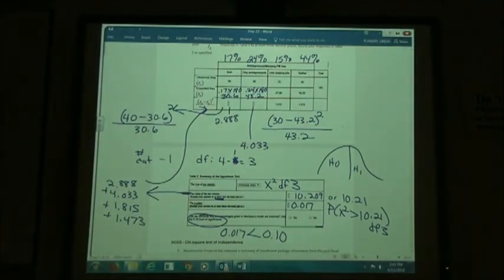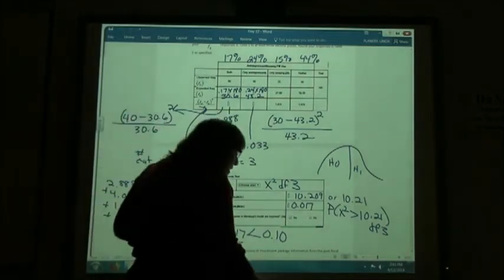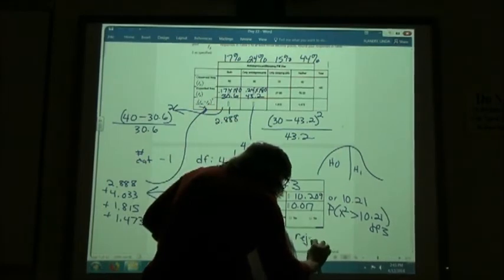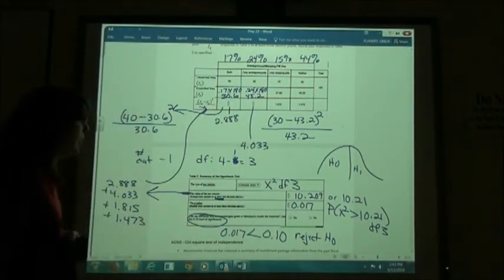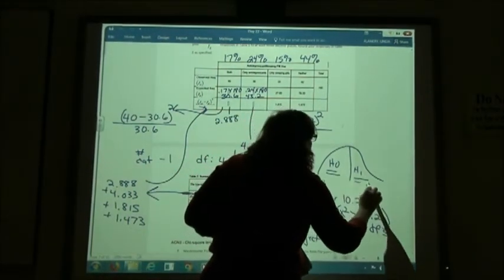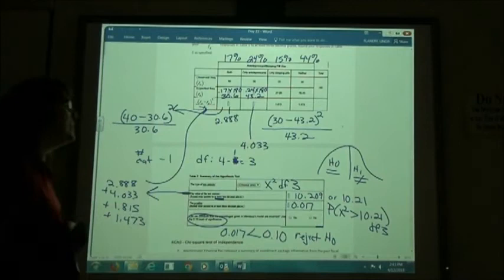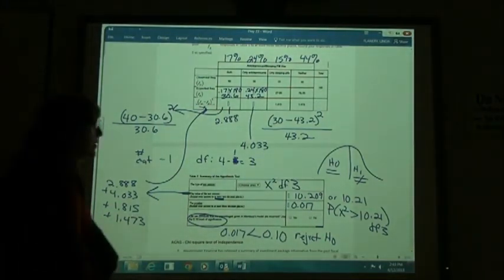Since that is less, we are going to reject the null. Now we have to remember that the null is the equal, the alternative is not equal. So we're rejecting the null.